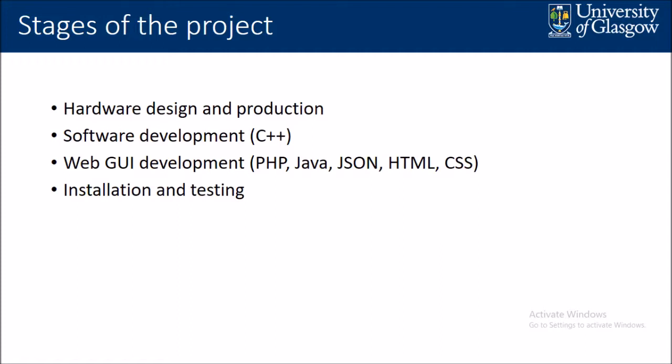Aurelia was responsible for PCB design and soldering, which is related to hardware design and production. Craig and Damir worked on software development, writing code in C++. Graphic user interface was designed and developed by Damir. Finally, all the team contributed in installation and testing of the project.